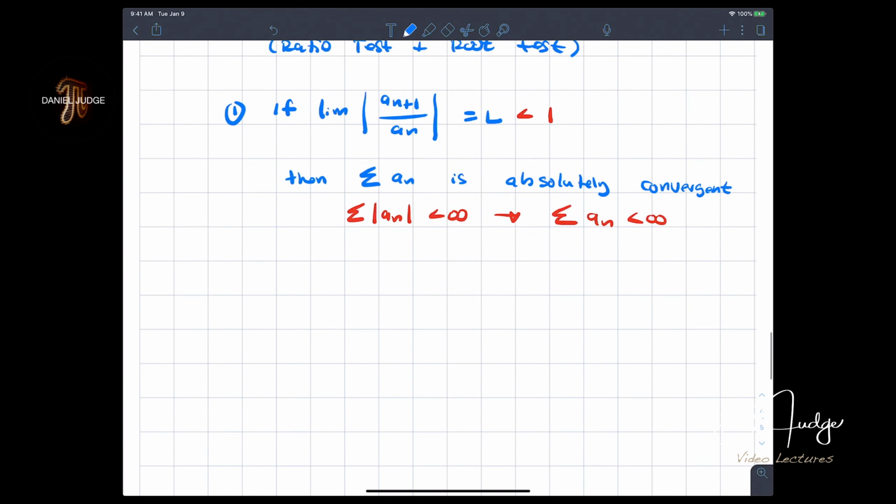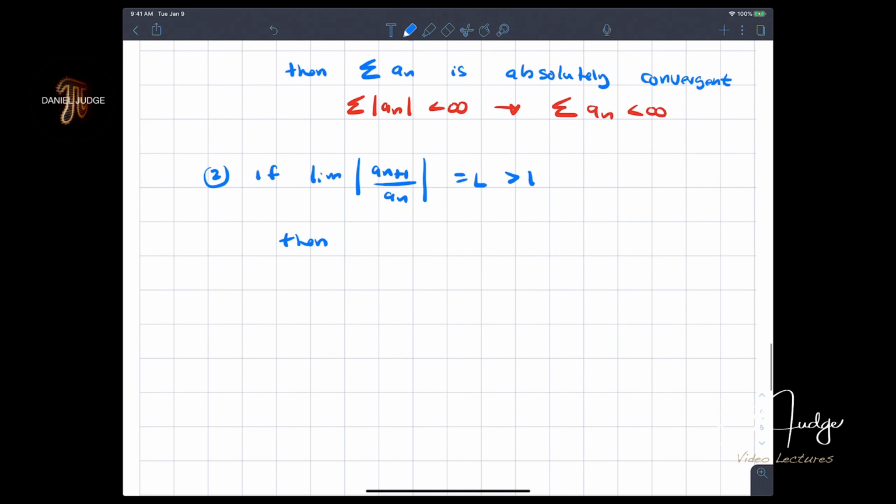And like I said, they call it a ratio test because you're taking a ratio of a future term and a current term in absolute value. The second criteria is if the limit of that ratio of the future term and the current term equals L and is bigger than 1, then essentially we say the series diverges.